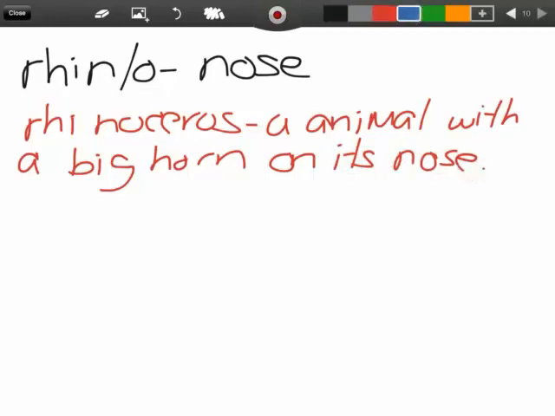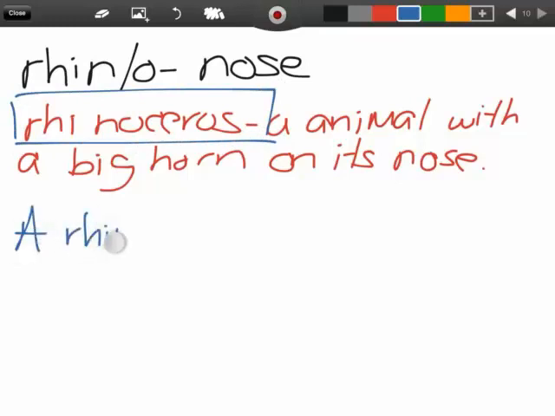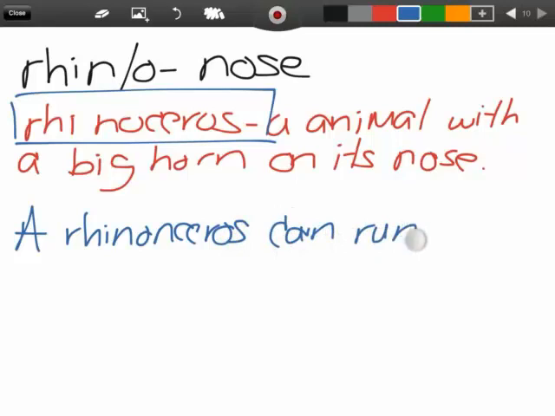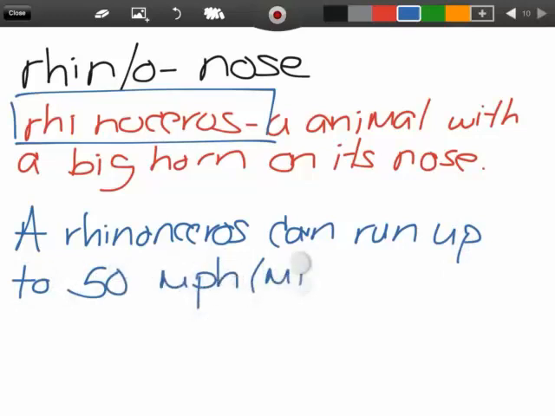I'm going to go ahead and use rhinoceros in a sentence. I'm going to go ahead and read that to you. A rhinoceros can run up to 50 miles per hour.